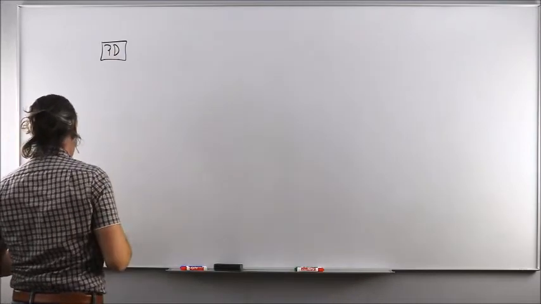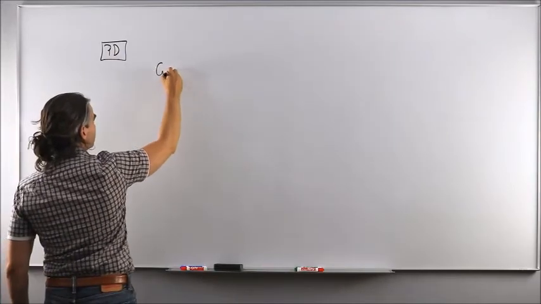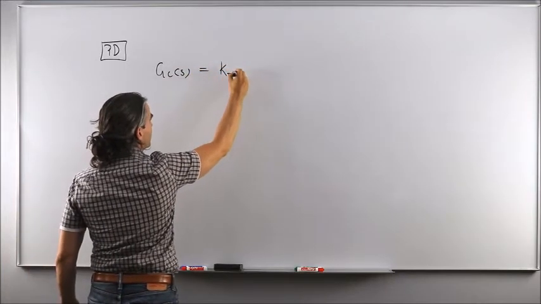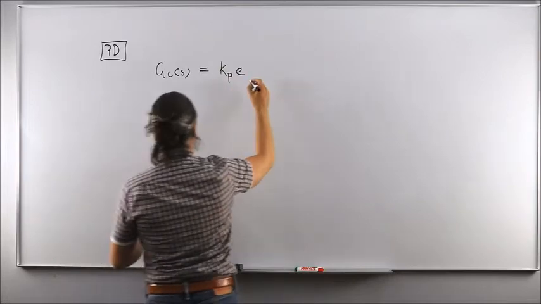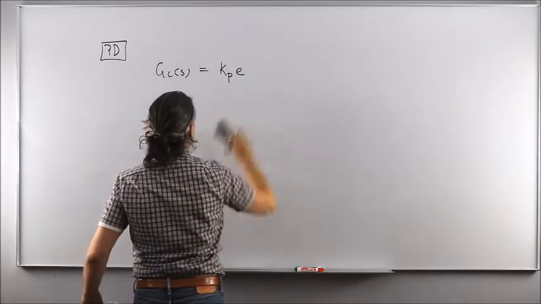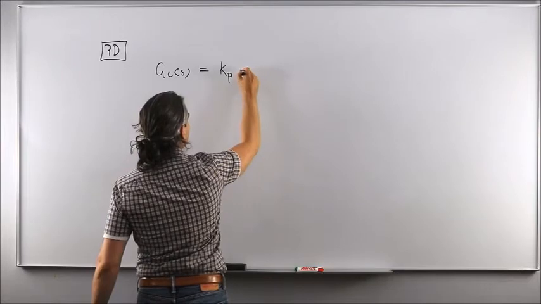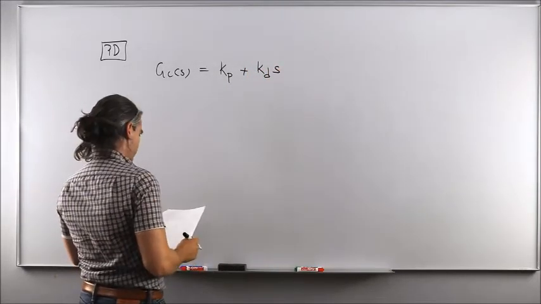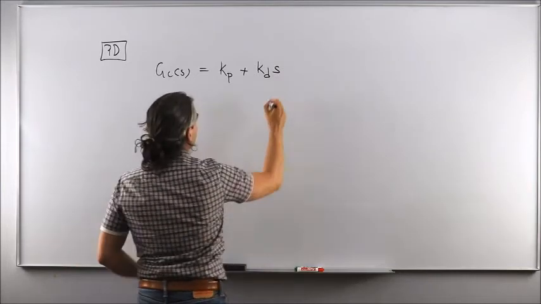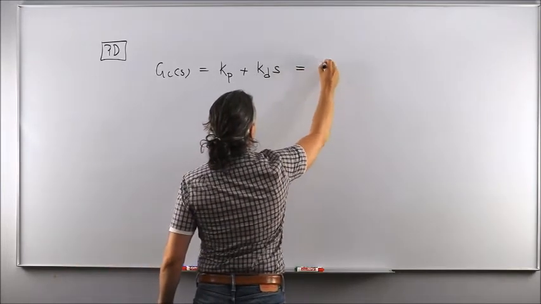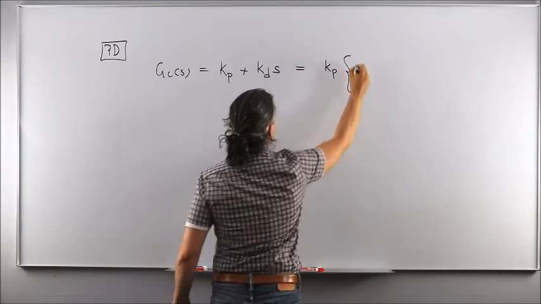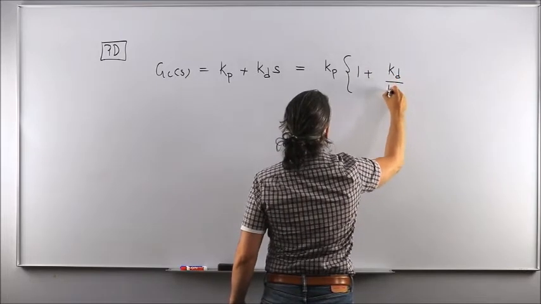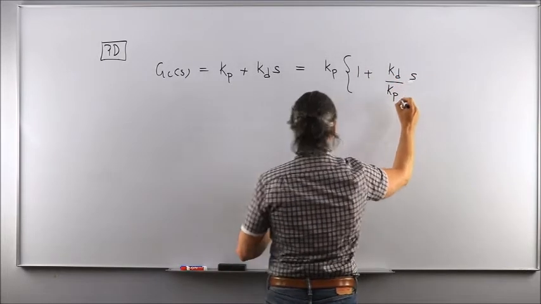So PD controller, obviously quantified through its transfer function as Kp times the error, just the transfer function, okay, Kp plus Kd s, or alternatively, this could be written as Kp being factored out, so 1 plus Kd over Kp s.